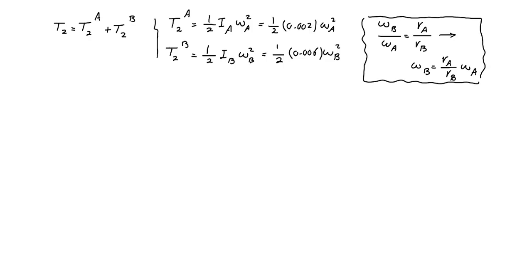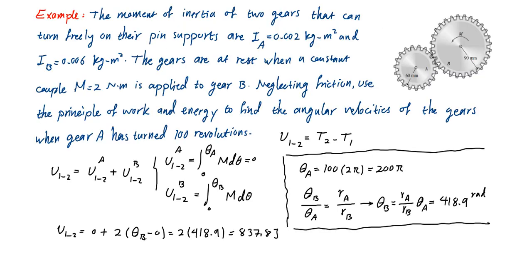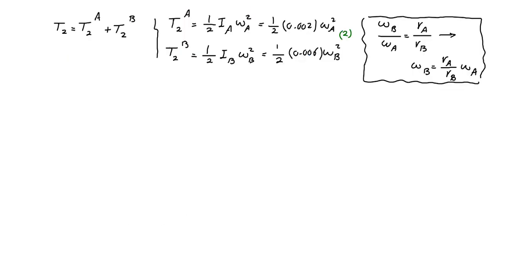Now, putting both sides together, let's call this 2. Let me go back to the first one, and let's call this 1. Putting these two together, next page. Let me write T first, and then use that as the second equation.